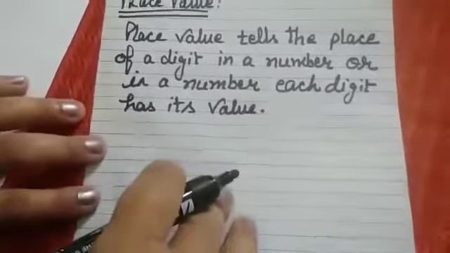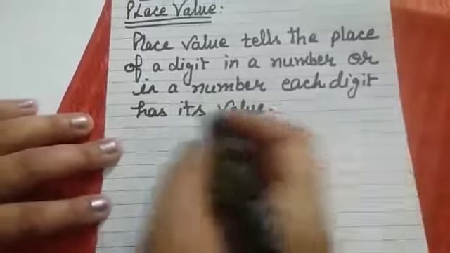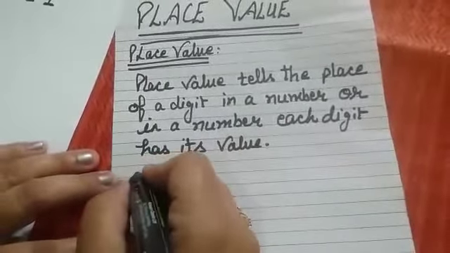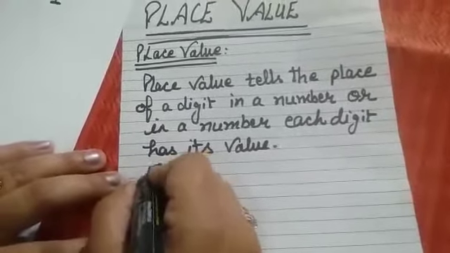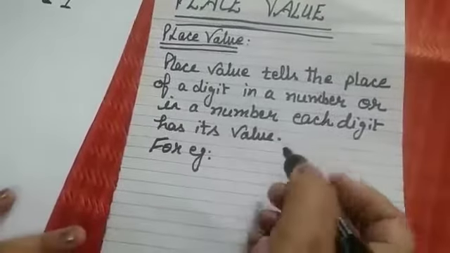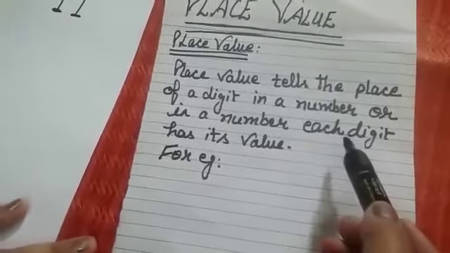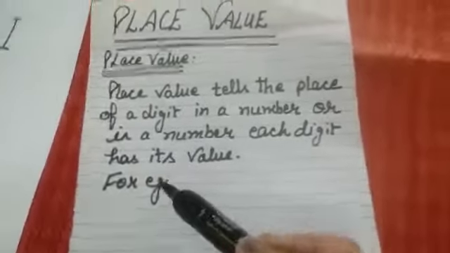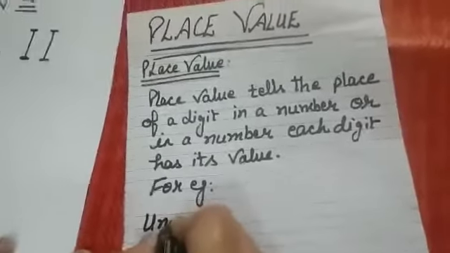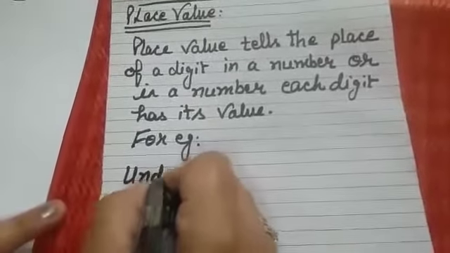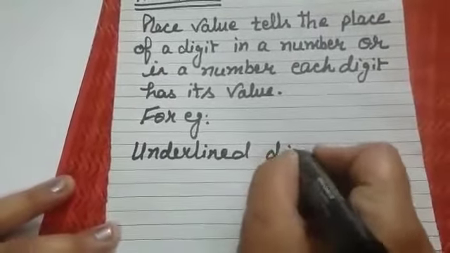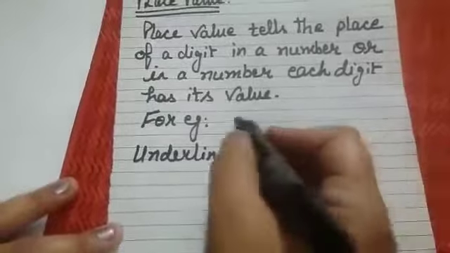Let's take some examples. Right? For example, if we want to know the place value of any digit, so we will write like underline, जो digit होगा उसकी हमने क्या बतानी है?